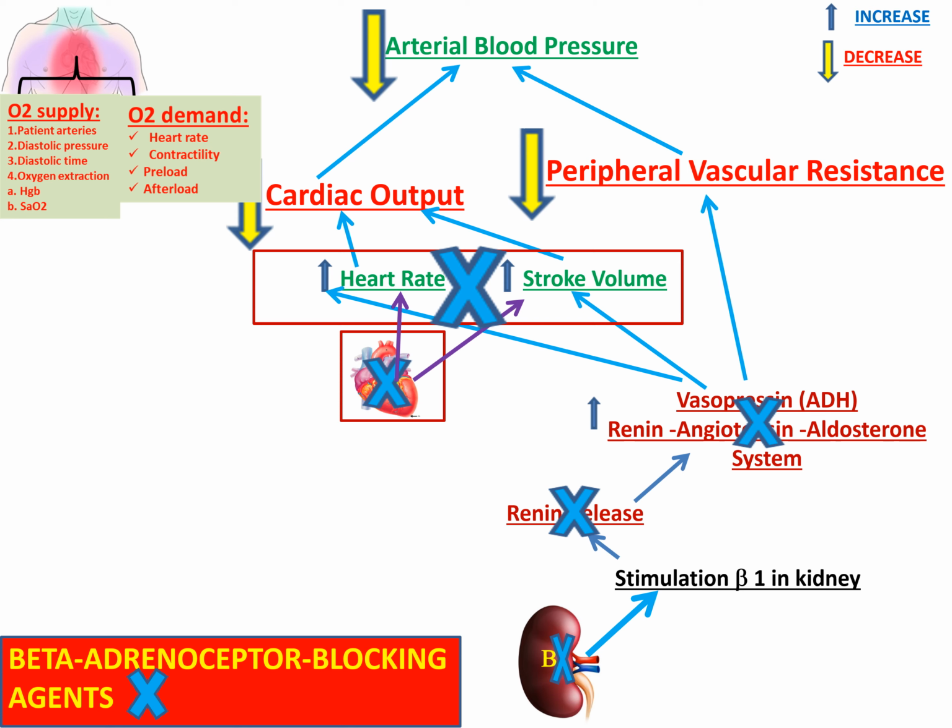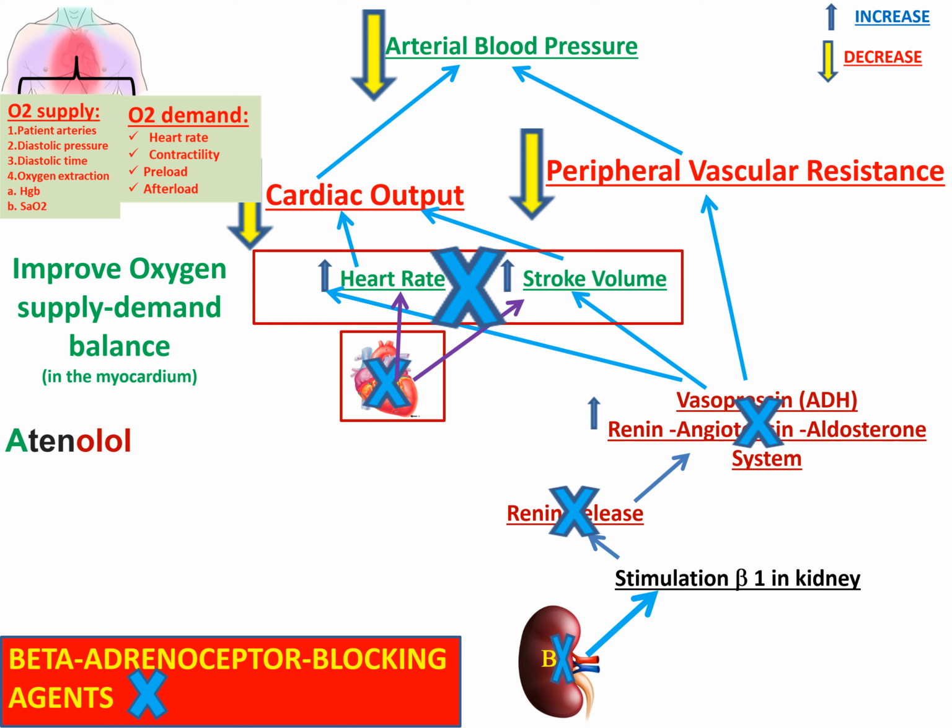And also we are going to increase the diastolic perfusion time, which means that we are going to increase the coronary perfusion, which is going to increase the oxygen supply and decrease the oxygen demand. So in this way, we have an improvement in the oxygen supply-demand balance in the heart.